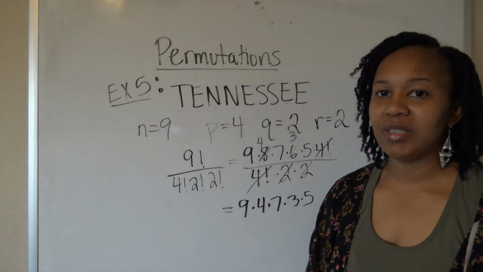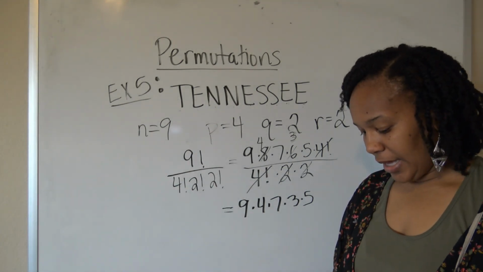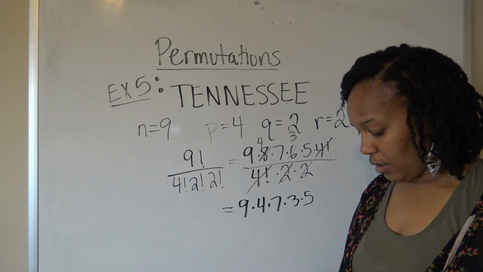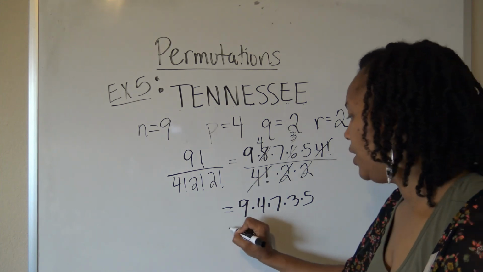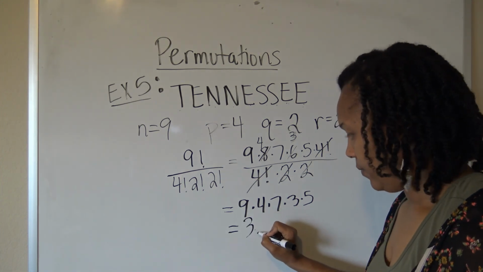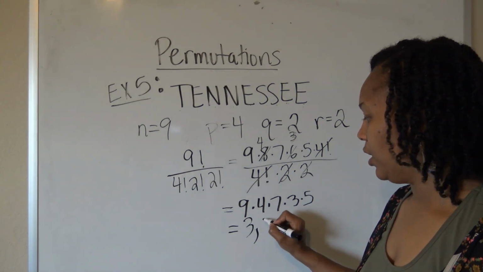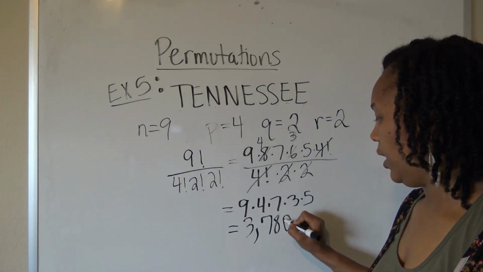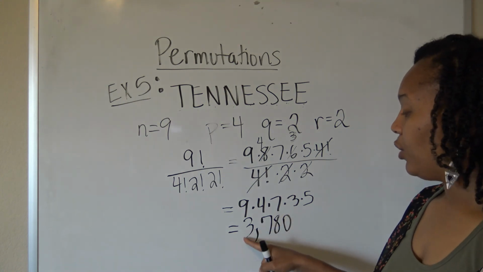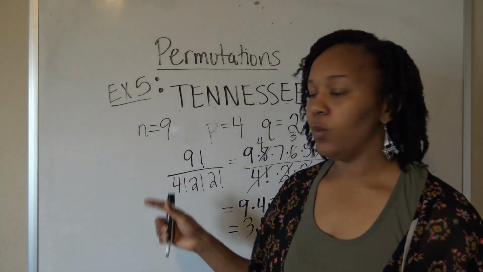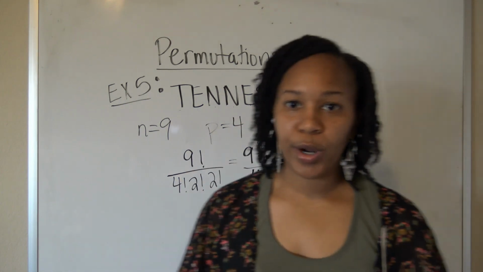And that's what I end up multiplying. So when I multiply that out, I get 3,780. So that means there are 3,780 different ways that we can rearrange the word Tennessee.